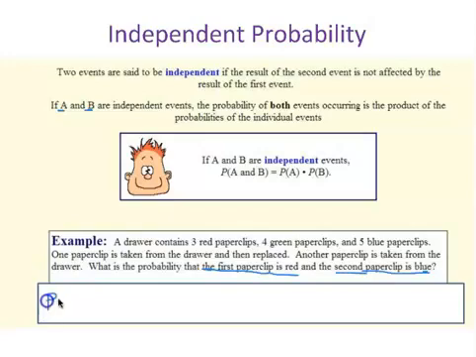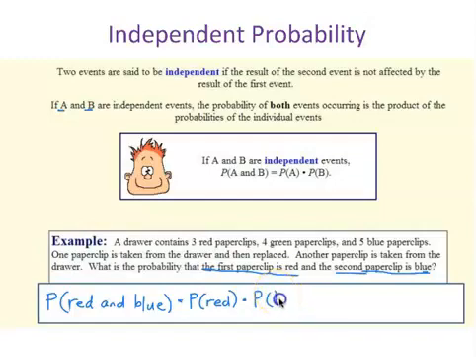So we want to find the probability of getting a red and a blue paper clip. In order to do that, we're first going to find the probability of just choosing a red one, and we're going to multiply that times the probability of choosing a blue one.